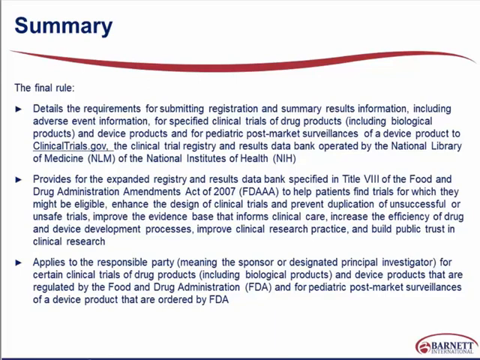So it's really a service to help patients find trials for which they might be eligible. And using ClinicalTrials.Gov and streamlining it and making sure that we're giving people information that they need to make informed decisions is really critical for public health.